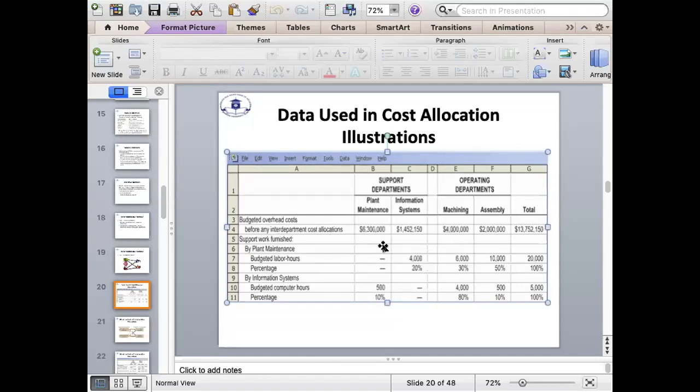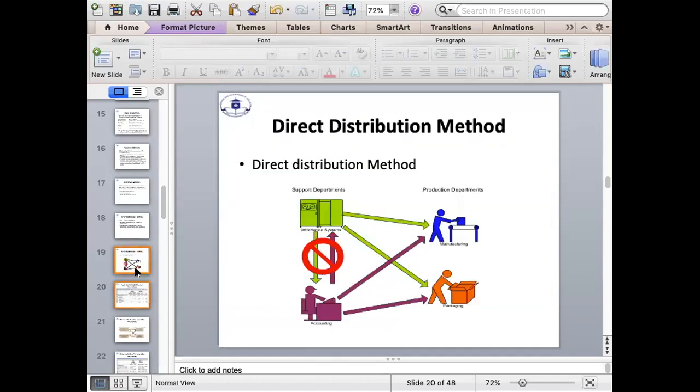So we allocate only plant maintenance service to this and this. We will not allocate to here because this is the direct distribution method. We do not allocate anything from here to here. We only allocate here to here, this and this.